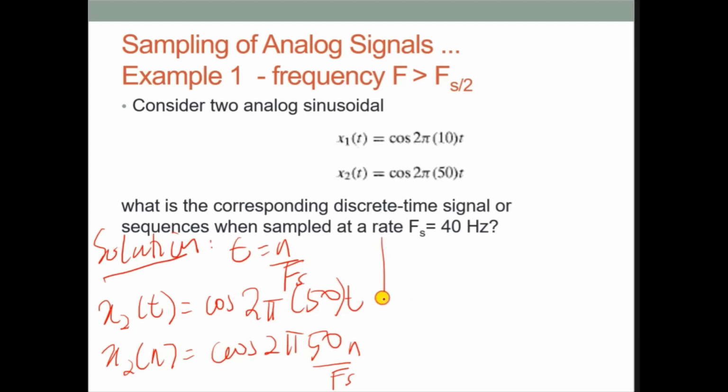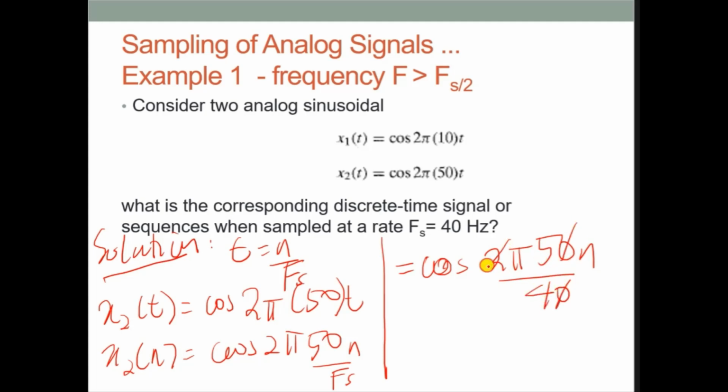So we have cos 2 pi 50 n over 40. So here you have cos 5 pi n over 2.